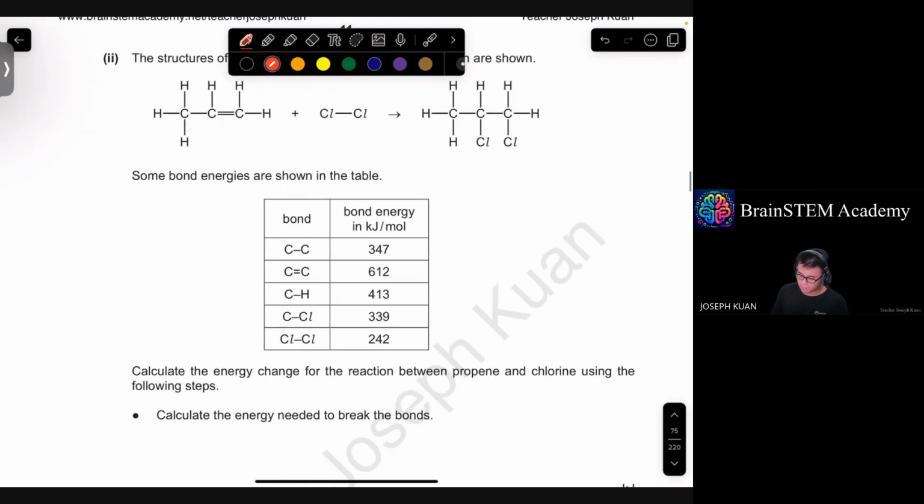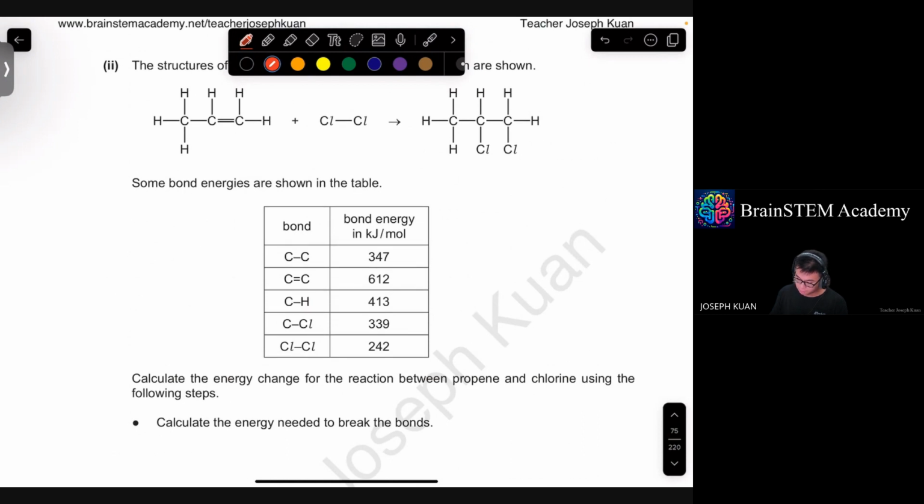So let's just establish first. I need to break from this first molecule 1, 2, 3, 4, 5, 6, 7 CH bonds. I need to break 1 C double bond C. And in this one I need to break 1 chlorine bond, which is 242.